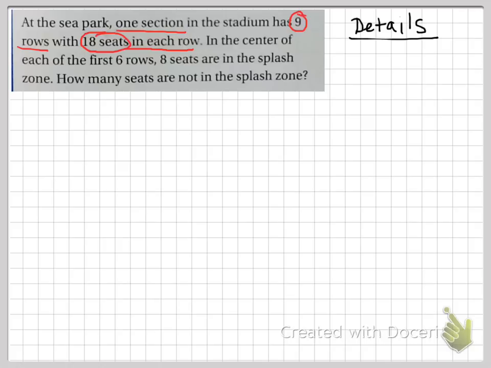That's very clear. Let's write that down. 9 rows, 18 seats in each row.